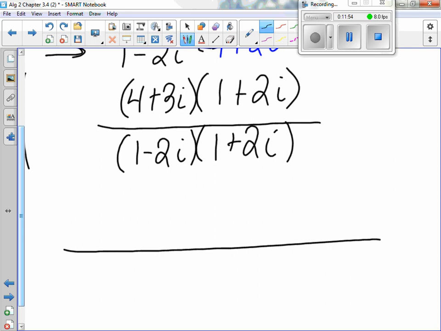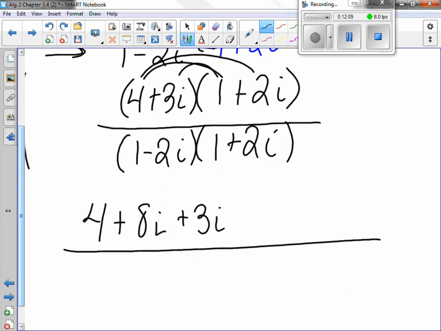So we're going to be multiplying these together. We can start with the numerator. 4 times 1 is 4, 4 times 2i. Well, 4 times 2 is plus 8i. 3i times 1 is going to be plus 3i. And 3i times 2i is plus 6i to the second.